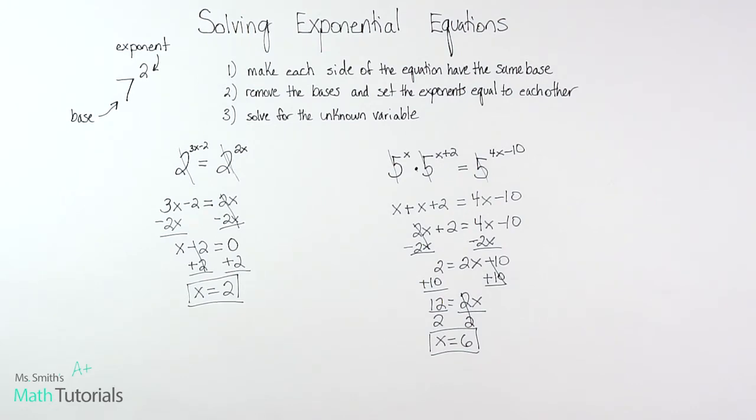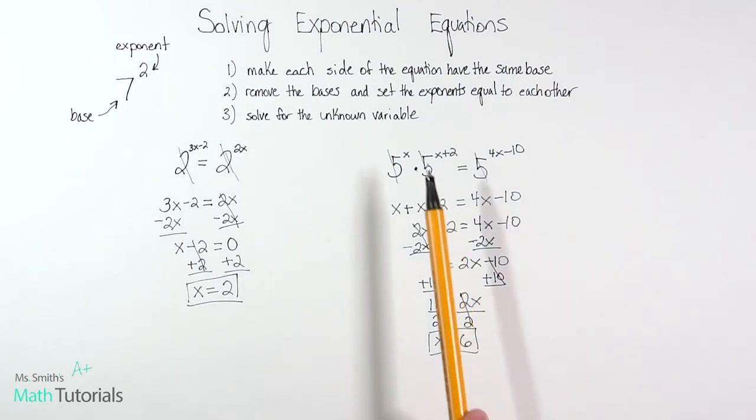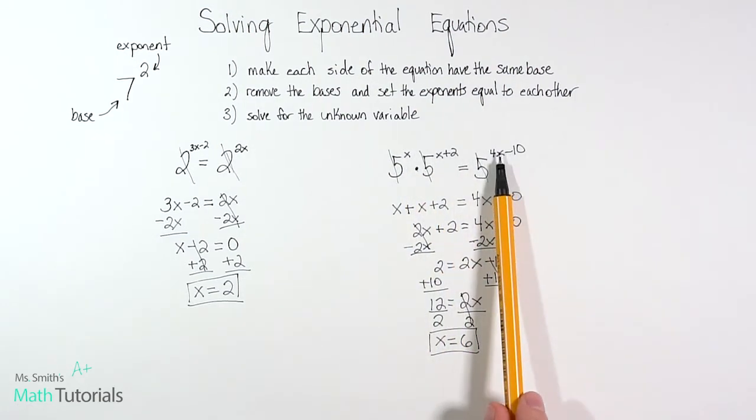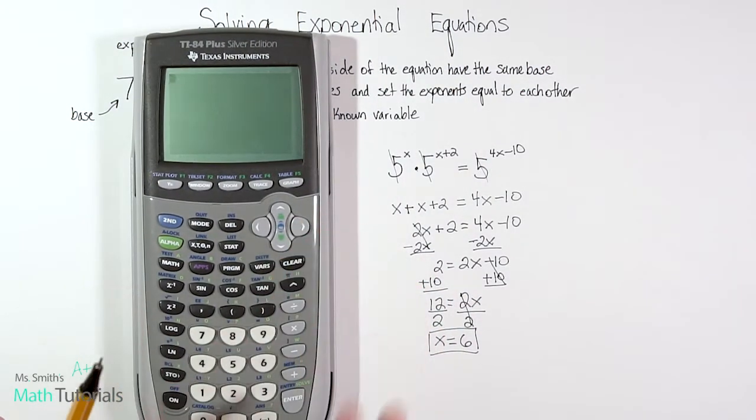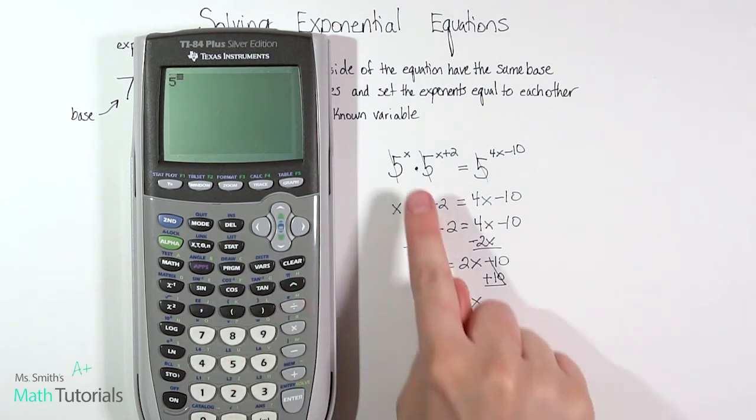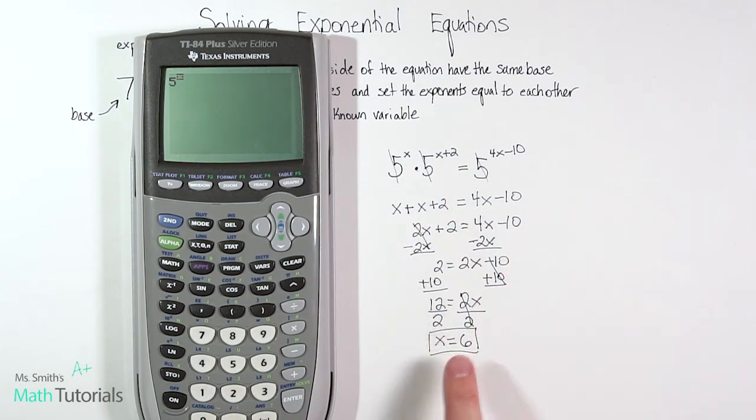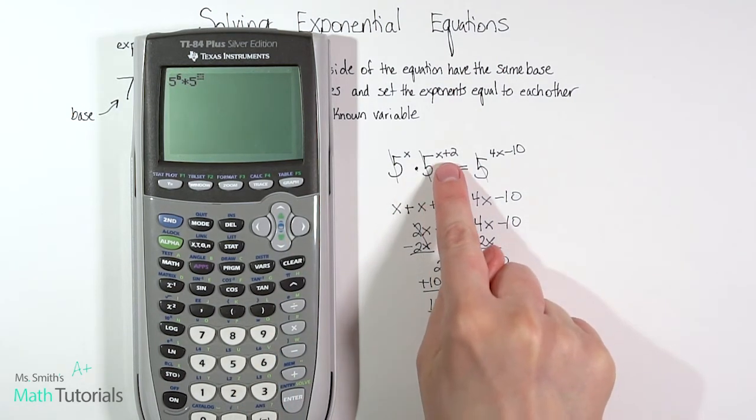So now you can always double check your answer by taking the 6 and plugging it in here, here, and here, and we should get a true statement. I can quickly show that. So we would take our 5 to the power of x, but it's not x, it's 6, times 5 to the power of 6 plus 2.